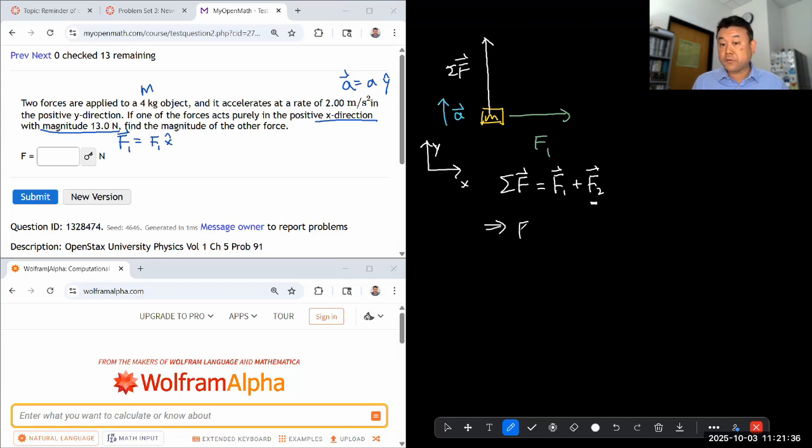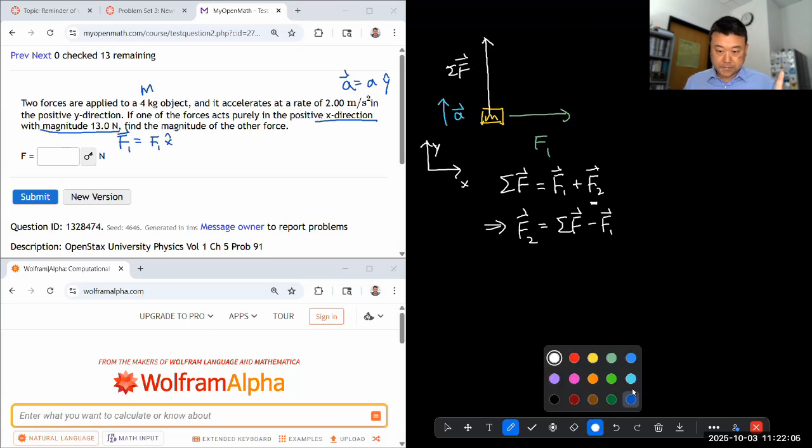What F2 can be represented as, in terms of the quantities we have been given, is: move F1 over to the other side, so it's net force minus F1. So F2 is the difference between these two forces. Or to put it precisely, it's the vector such that when you add it to F1, you get net force F. So F2 should be drawn, I think, like this.